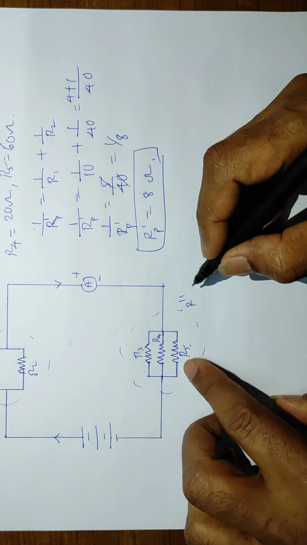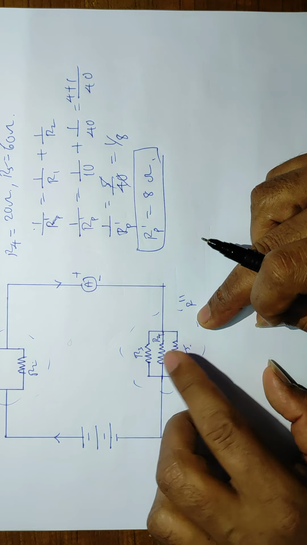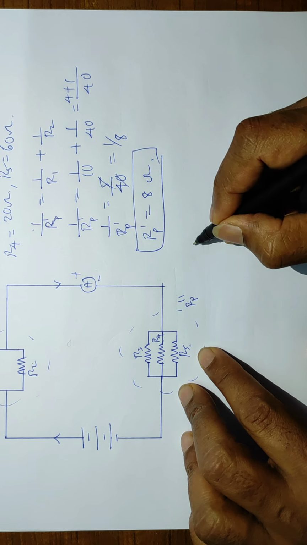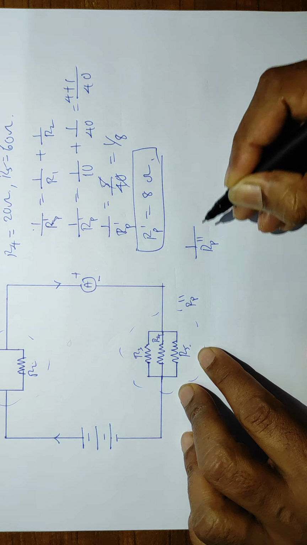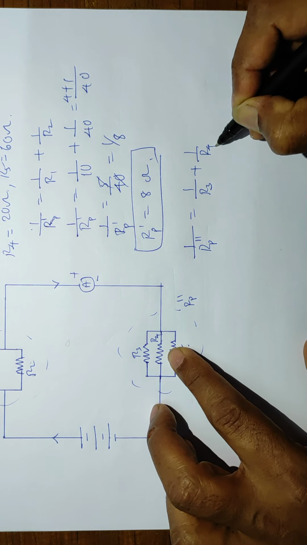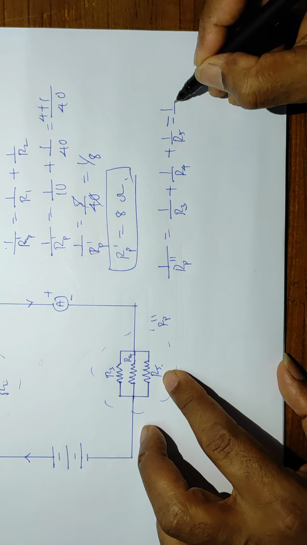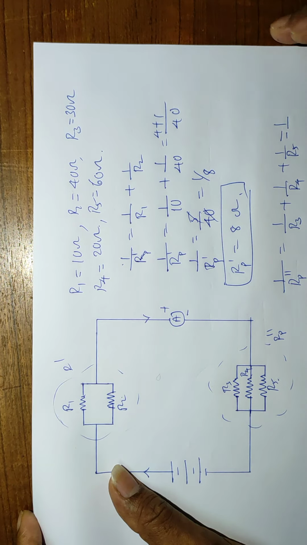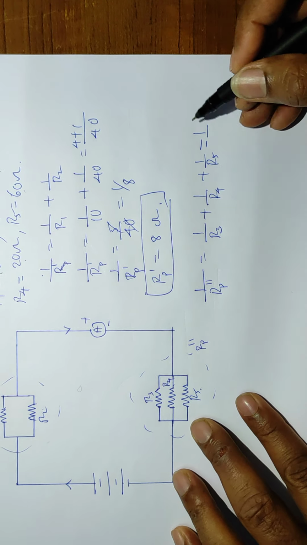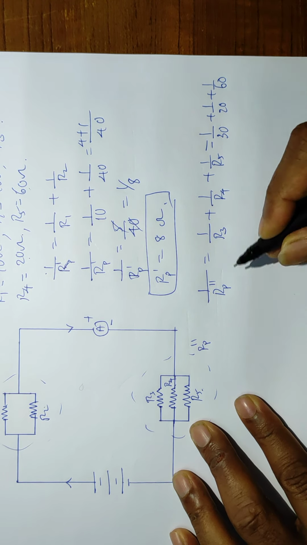So now let me calculate the equivalent resistance of this combination where R3, R4 and R5 are connected in parallel. That is Rp double dash. So 1 over Rp double dash is equal to 1 by R3 plus 1 by R4 plus 1 by R5. R3 is 30, R4 is 20, R5 is 60. So 1 by 30 plus 1 by 20 plus 1 by 60.